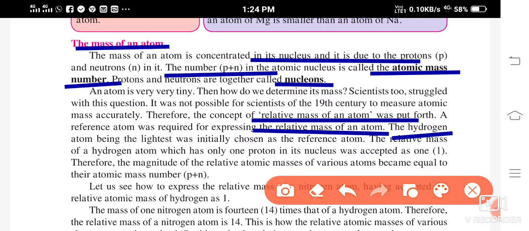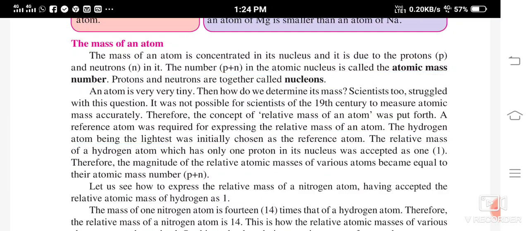See, the hydrogen atom, being the lightest, was initially chosen as the reference atom. The relative mass of a hydrogen atom, which has only one proton in its nucleus, was accepted as 1. Its valency is also 1, and its atomic number is also 1.